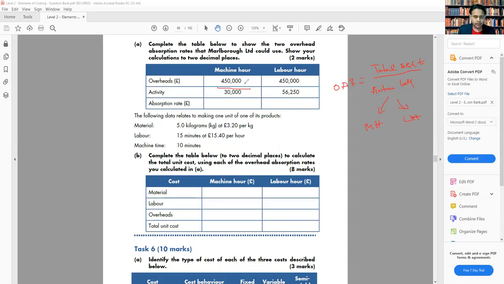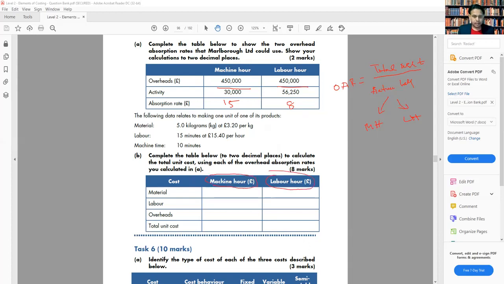If I divide 450 by 30, that gives me 15. So 15 per hour. The next one, 450,000 divided by 56,250, that gives me 8 pounds. That's it. Now I have to complete the table for the machine hour and for the labor hour.